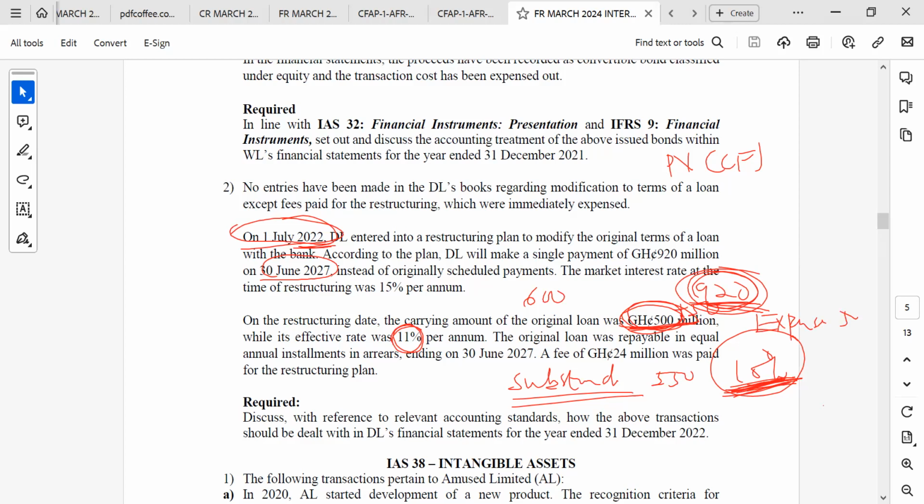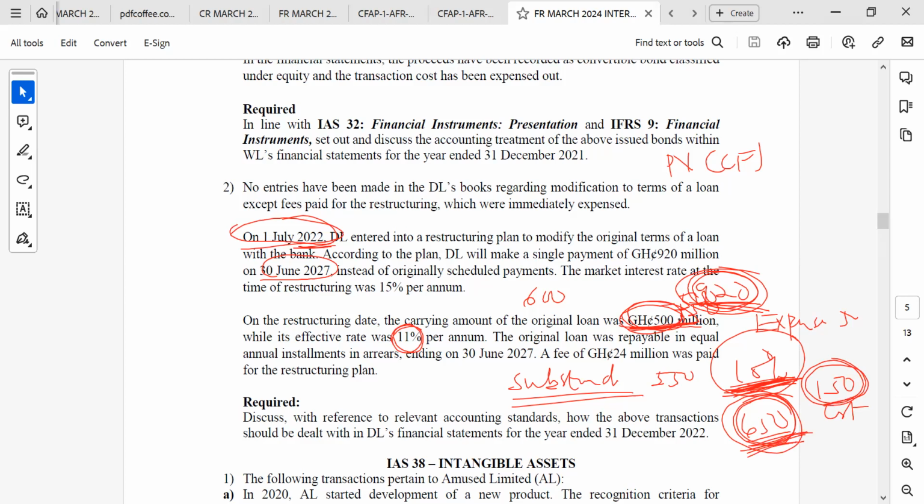But if the present value should be 650 and the difference is more than 10%, you subtract all the 500 and bring the 650 as a new item. And for this 650, you recognize a loss of 150, because the loan is 500 and you are now increasing it to 650.